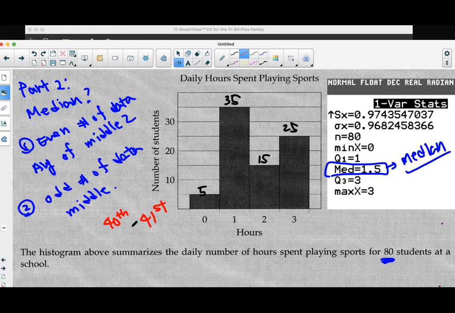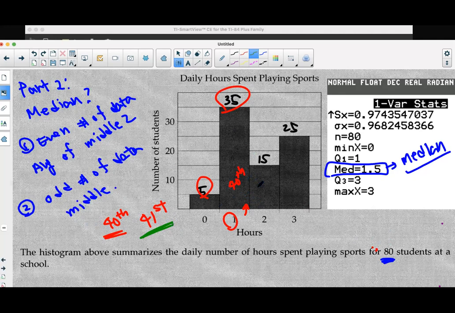Of course, this number is divided by 2: 80 divided by 2 becomes 40. So number 1 through 40 gets you 40 of them, and 41 through 80 gets you another 40 of them. But where's the 40th value? The 40th value is right over here at the end, because I have 5 and 35. Now, where's my 41st?